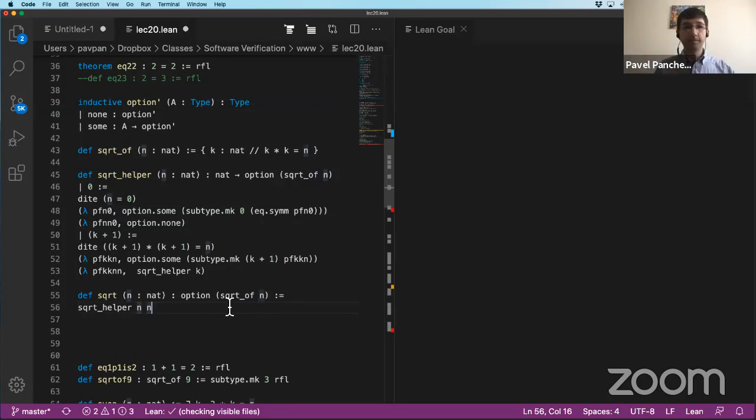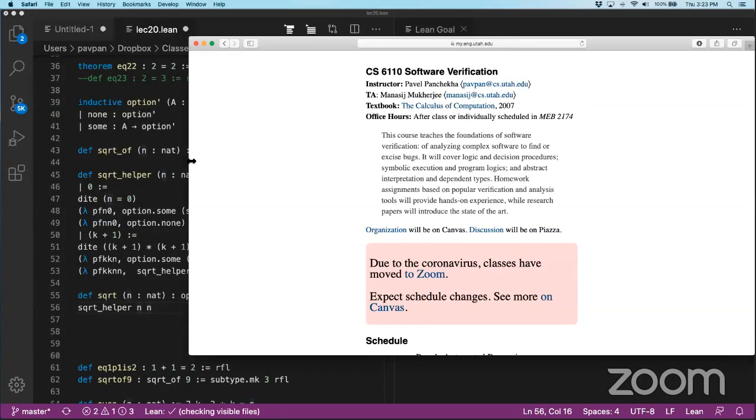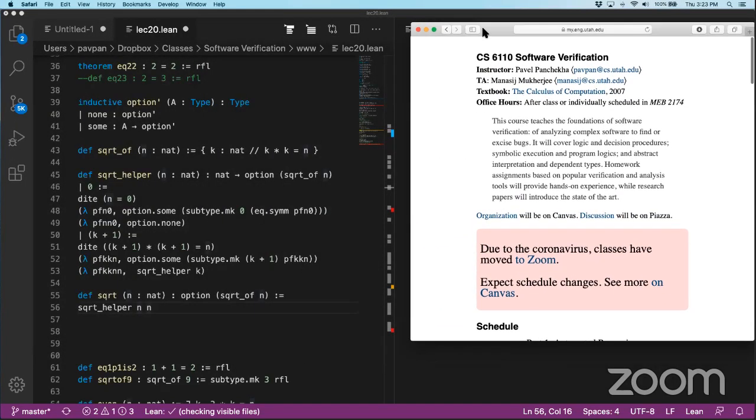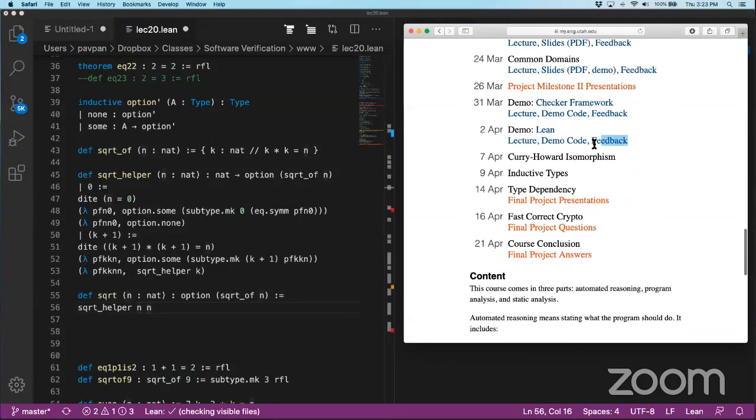Other questions? Bradley, go ahead. Does this technique of computing proofs and having proofs be terms in a program mean that Lean is more powerful than Dafny or can prove more things than Dafny?